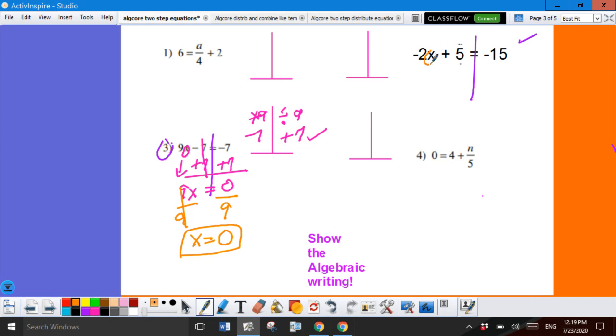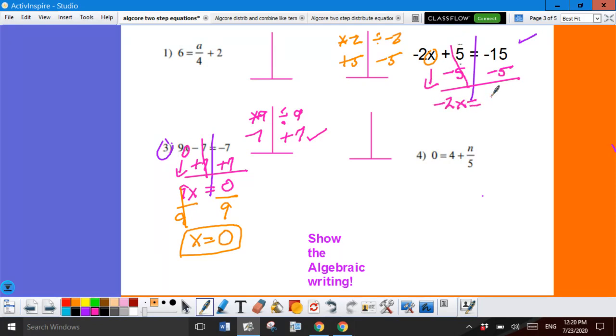All right, this guy. There's my x. So times negative 2, divide negative 2, plus 5, minus 5. So the first thing I'm going to do is subtract 5. So minus 5, minus 5. Remember, both sides. Cross out. Drop.